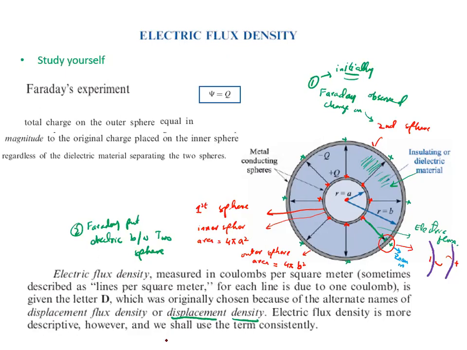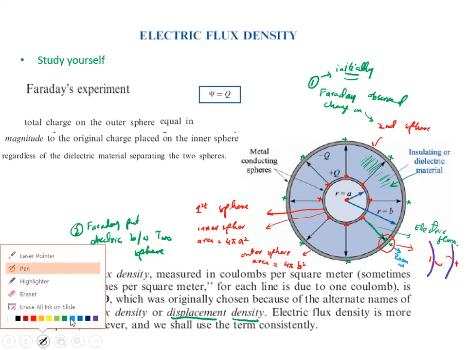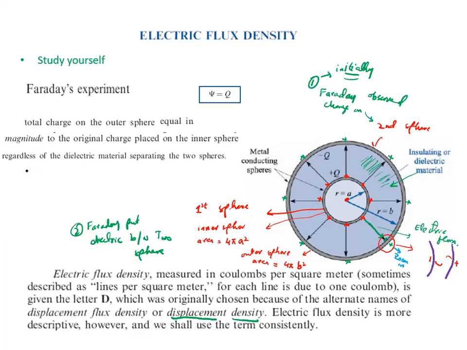Okay, now look here. What is this D? It is the electric flux density. Electric flux density of the inner sphere is how much?